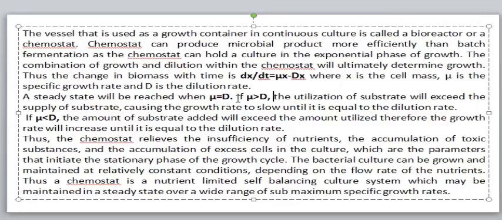Okay, so growth rate will slow down until they are equal. And opposite of this, if the specific growth rate is smaller and dilution is higher, then what will happen? The amount utilized will be smaller, therefore growth rate will increase until it is equal.